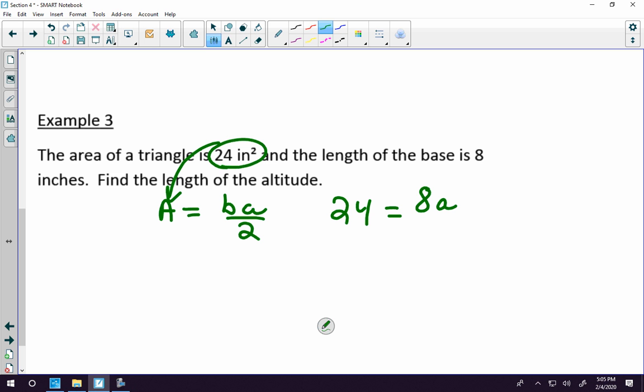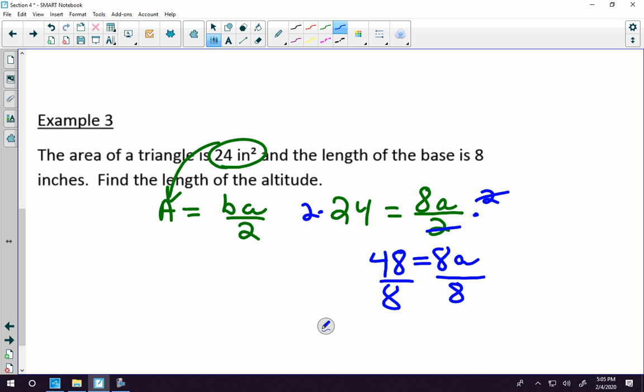We must be looking for the altitude. By the way, we're not always looking for the altitude. Maybe we're looking for the base length, but the process is the same in those scenarios. The inverse of dividing by 2 is multiplying by 2. So now we double 24, which is 48, equals 8 times A. The inverse of multiplying by 8 is dividing by 8. And so the altitude has got to be 6 inches in length.